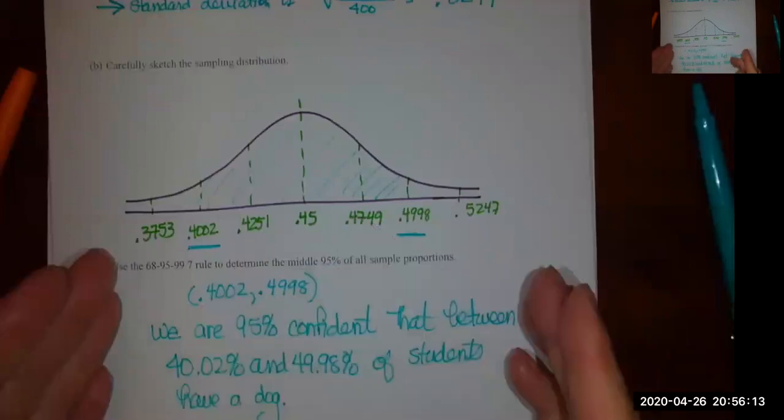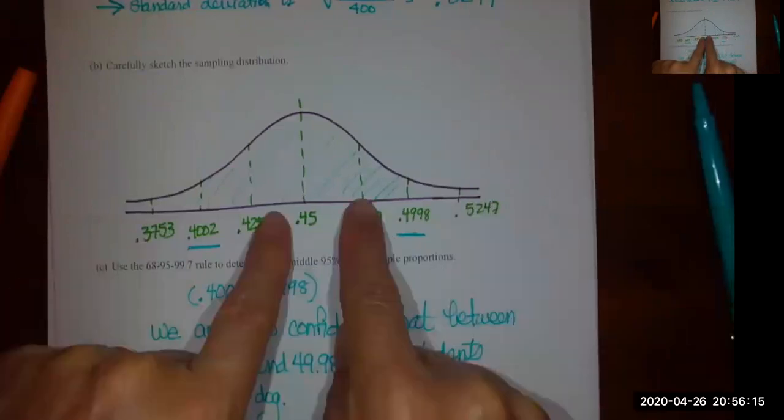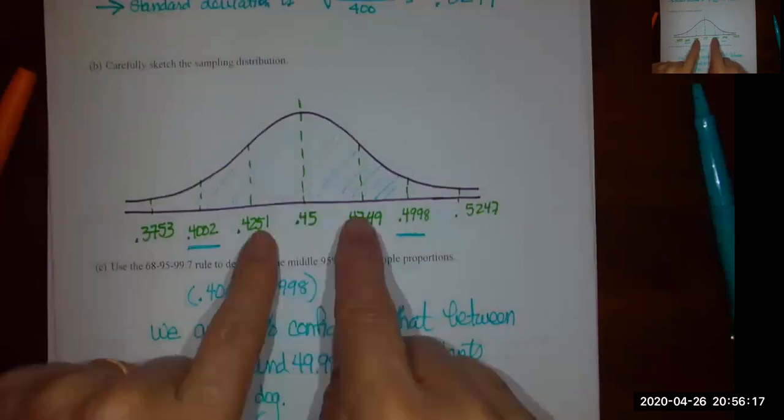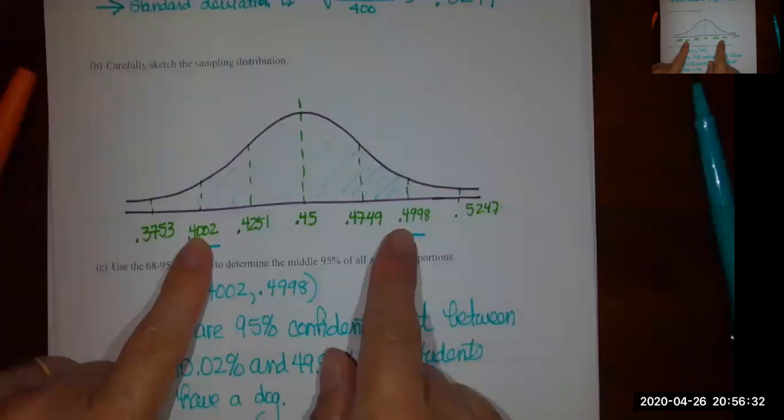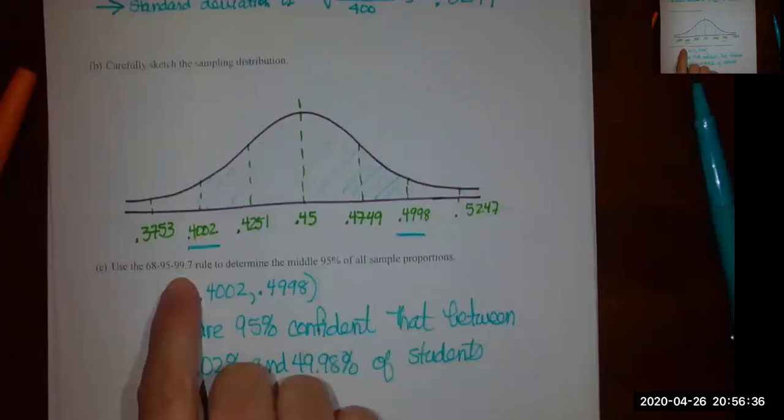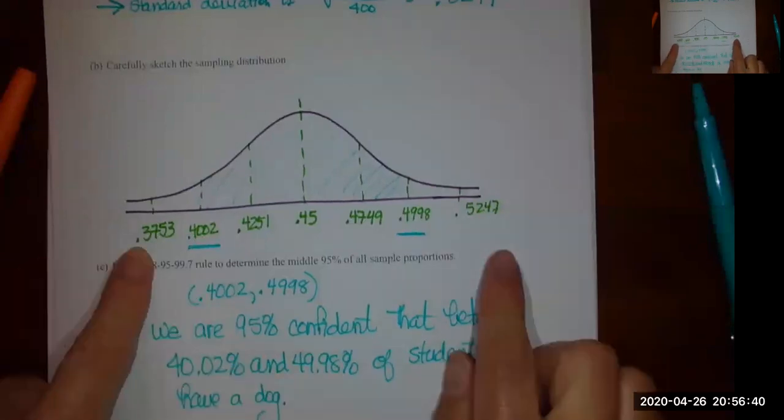You can see that your percentage is going to get smaller as you move in because you have less wiggle room. You're going to be less confident if you're saying it's between 42 and 47 than if you're letting yourself go out to 40 and 49.98. And then if I said I'm 99.7% sure, I could say they're between 37 and 52.